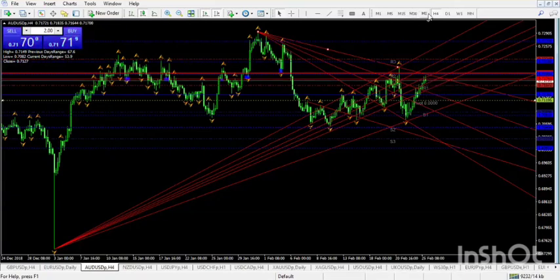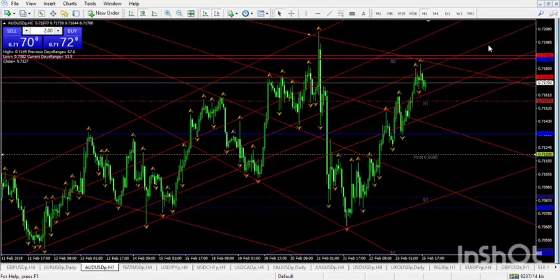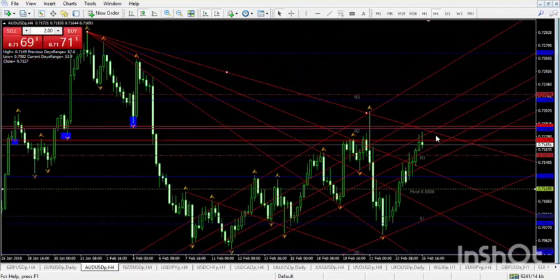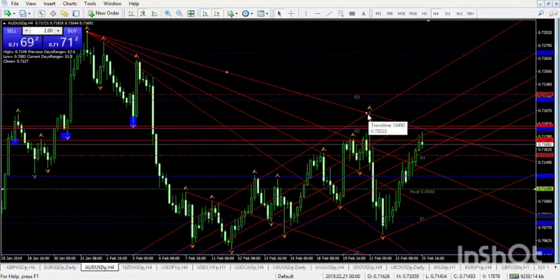So the price is stuck below this here. If I zoom in, this is the price, this is the zone that my price is at. And it's close to a crossover too. You see, these are very powerful zones, like this and this one.